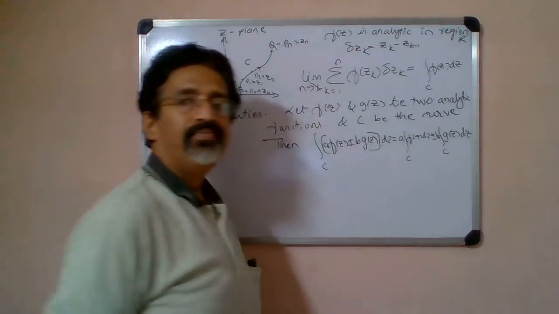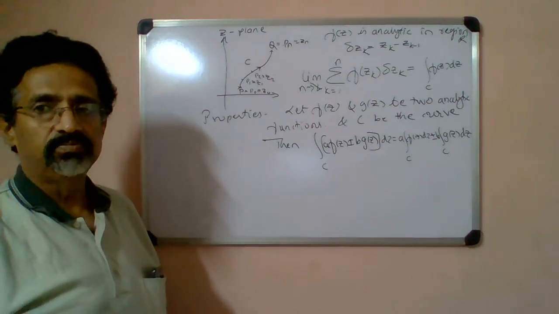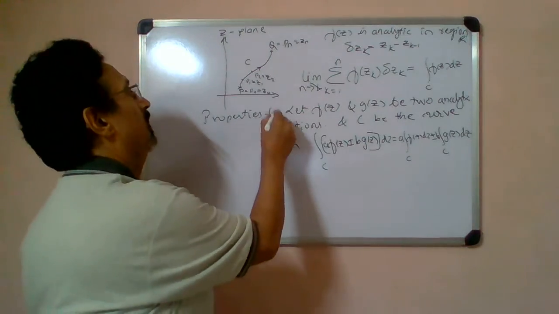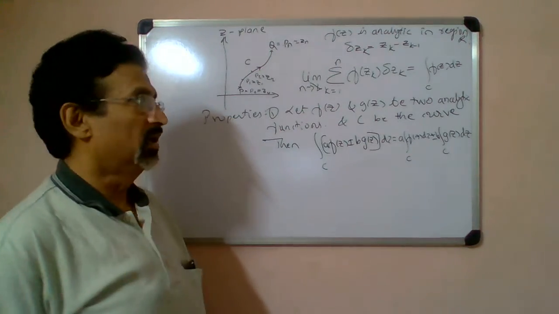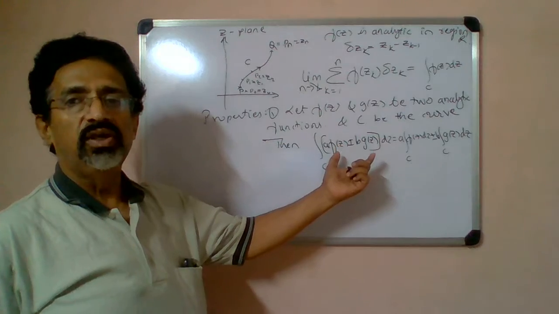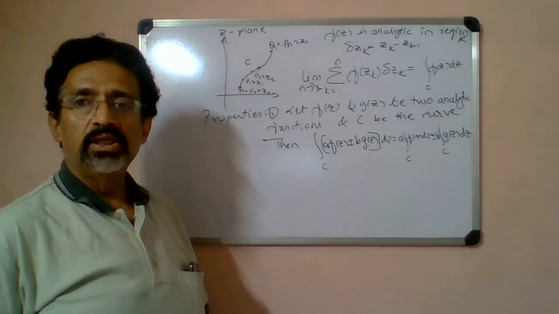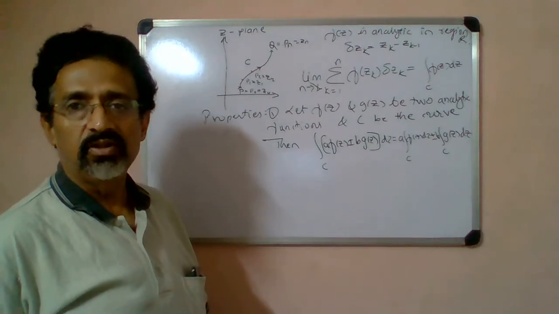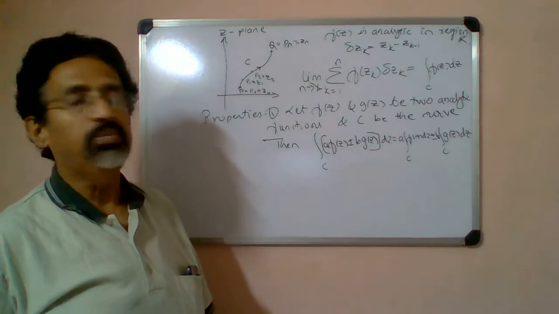This is the first property of the line integral, that the integration of a sum of two functions is the sum of the integrations of the two functions. This is also called the linearity property.